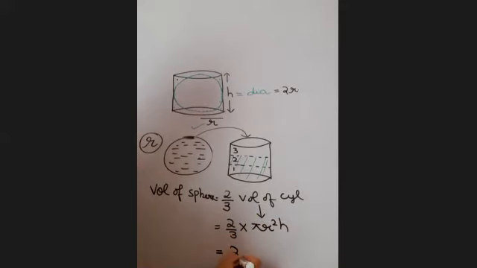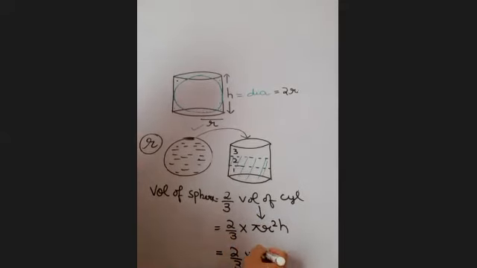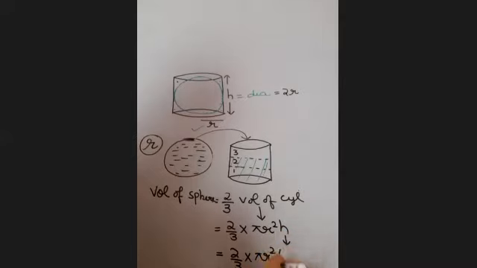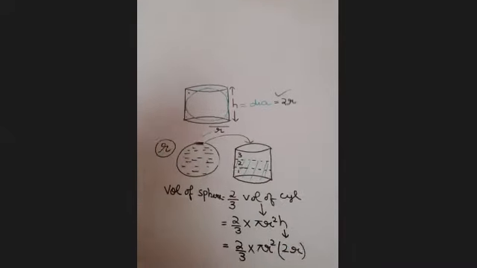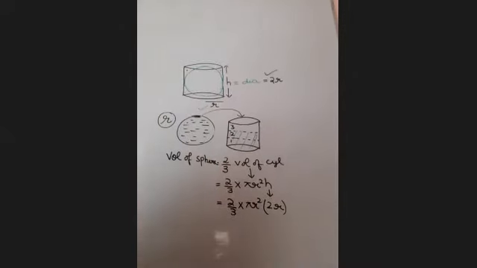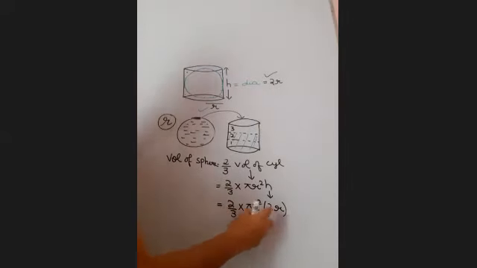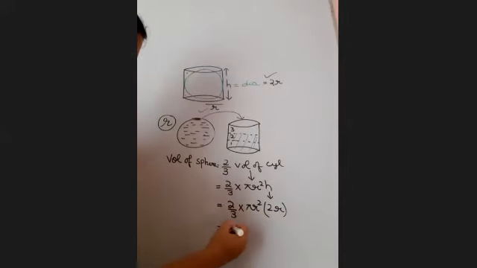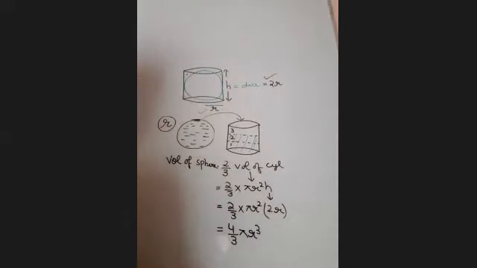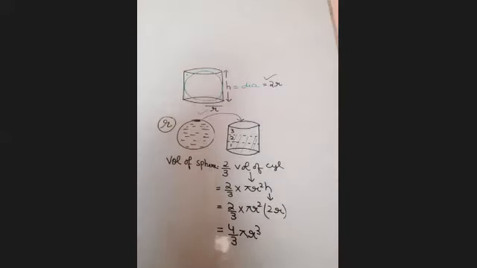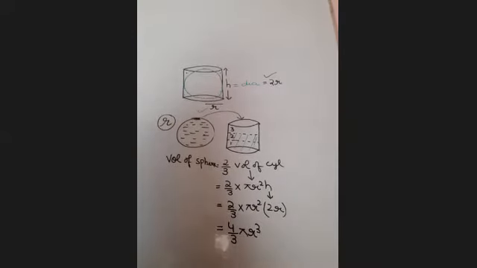What is this height equal to? 2r, the diameter. Height is equal to 2 times r. Now what is 2 into 2? 4. So r square into r gives r cube. That is how we get the volume of sphere.